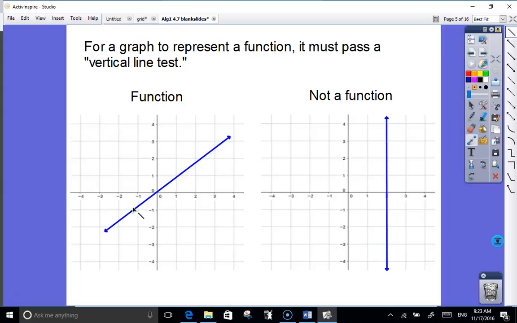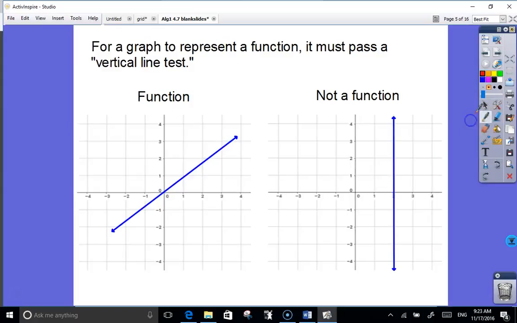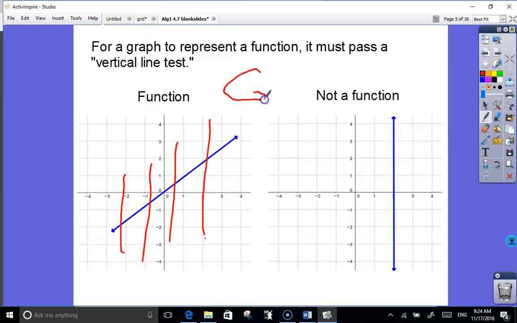No, every vertical line would just go once. There's nowhere you can imagine that happening. The only time you really see this fail is if you have a graph that looks like that. Then a vertical line crosses in two places, not a function.